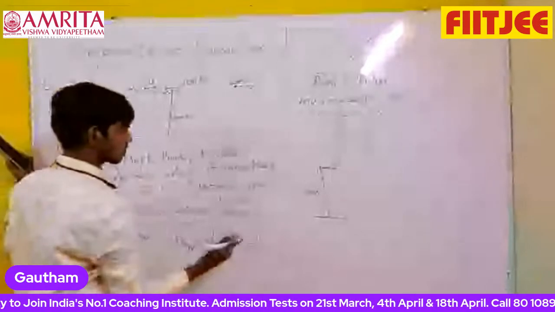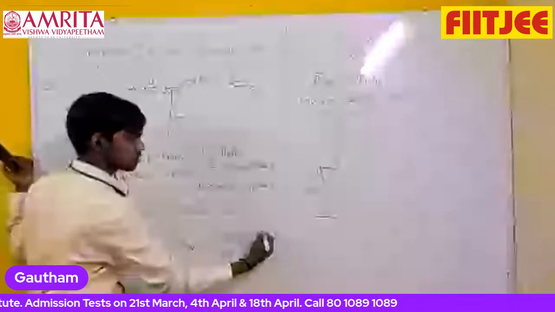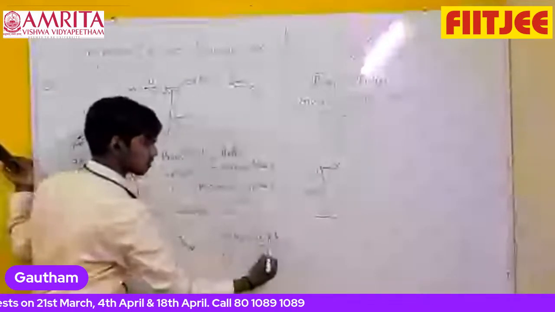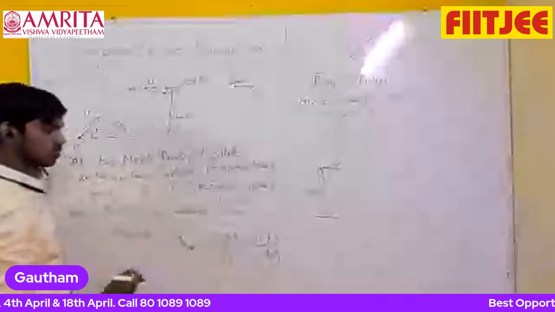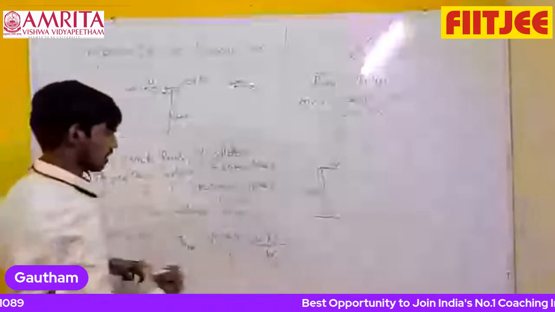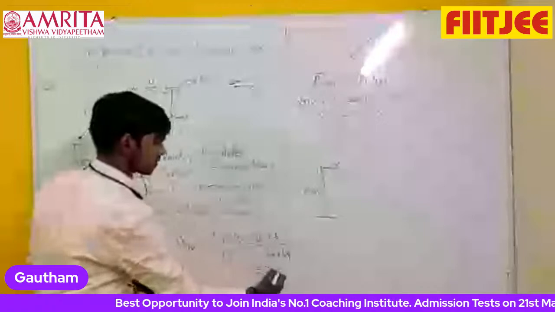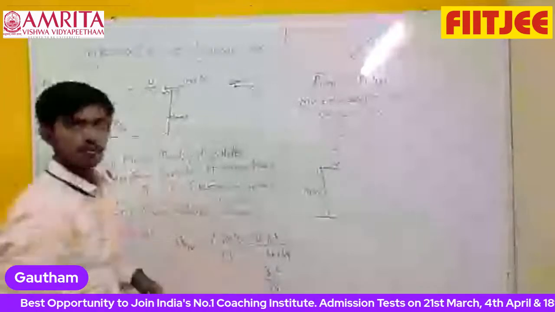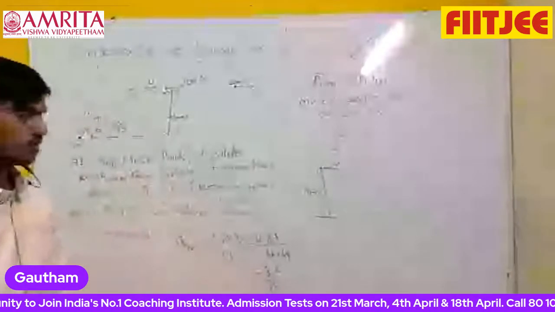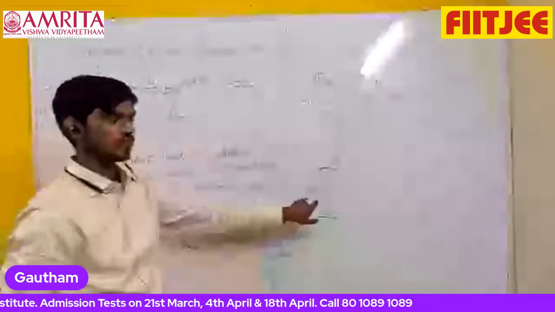This will be U square into sin 60, the whole square is root 3 by 2 whole square, so 3 by 4, divided by 2g. So 3u square by 8g is the maximum height. So they got this value.